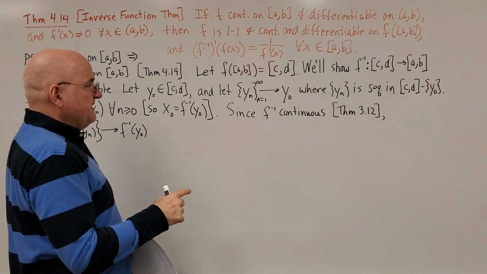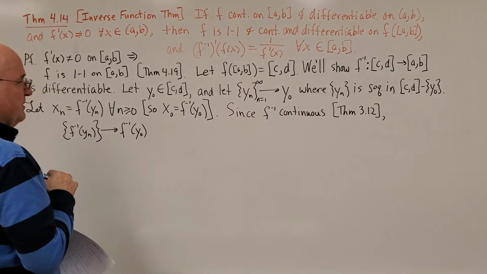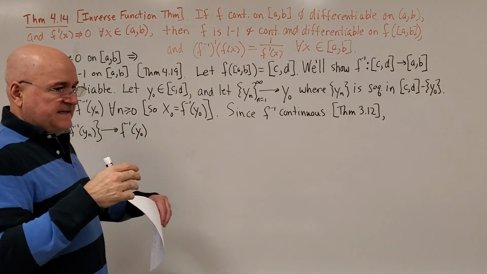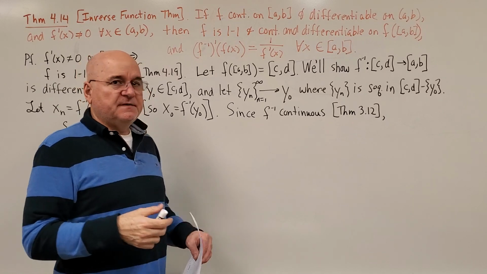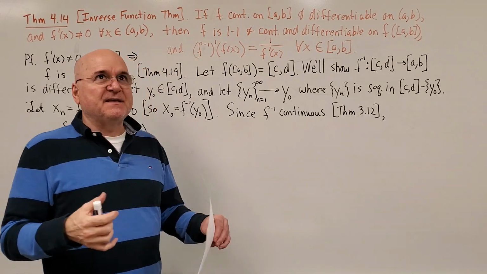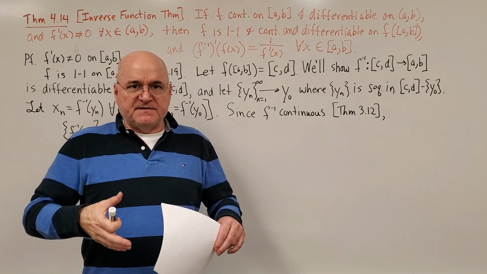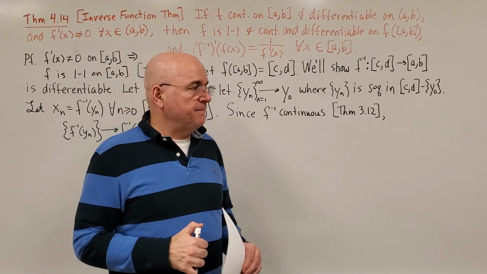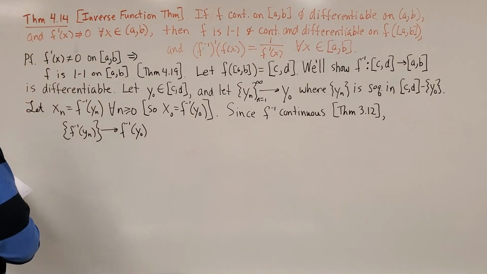Since f is continuous, by Theorem 3.12, I'm sorry, the inverse function f inverse will be continuous if f is continuous on a compact set. Well, let's see what we have here.